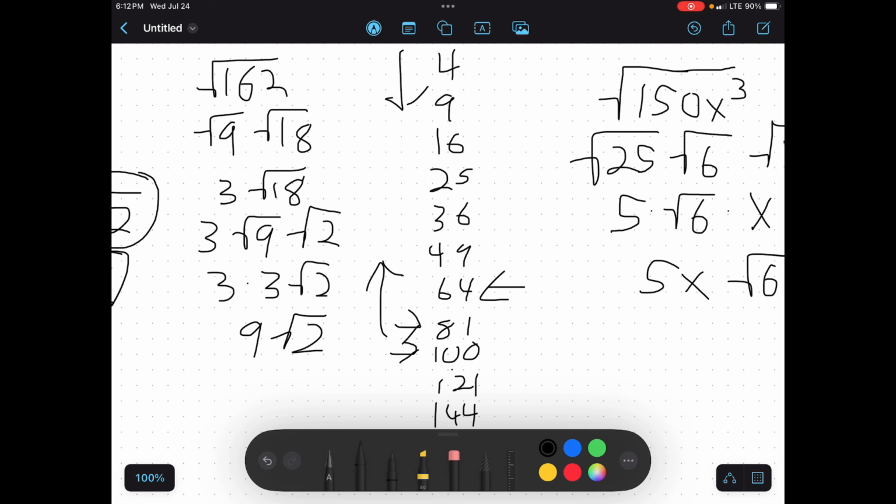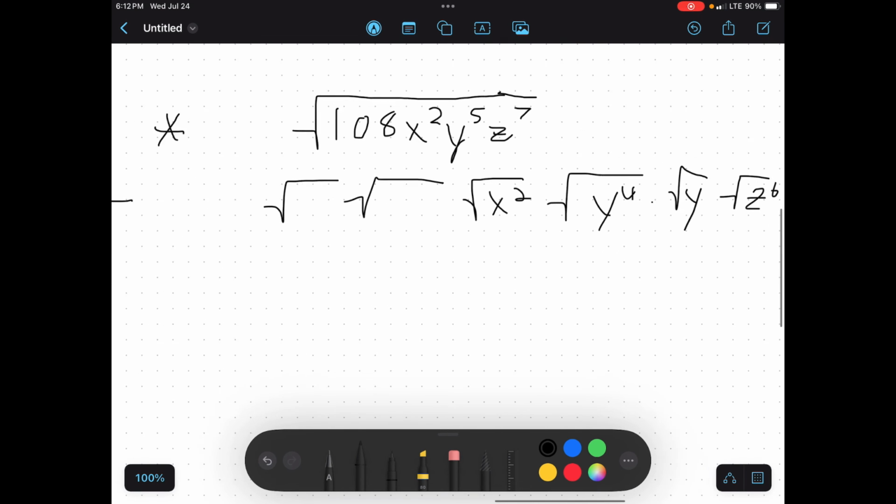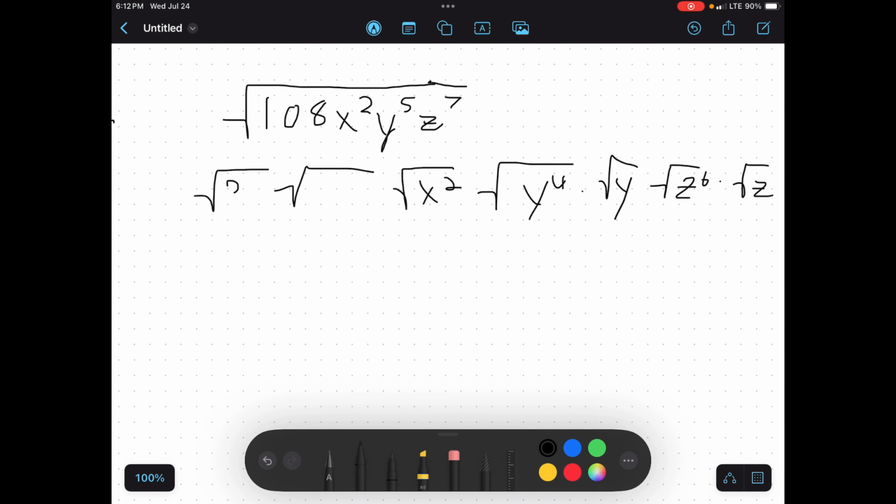Does 64 go in? No, it does not. What about 49? No. 36. Interesting. 36 plus 36 is 72, plus another 36 is 108. 36 goes into 108 3 times, so I can make this radical 36 times radical 3. If you decided to go with 9 and 12, you would still wind up with the right answer. It would just take you a little bit longer.